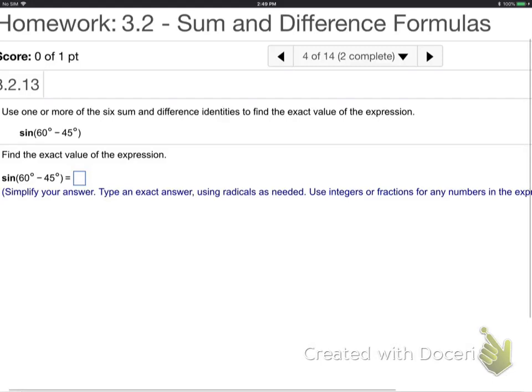So let's try this one. Sine of 60 minus 45. They want you to work this one out. Okay, so try that one.